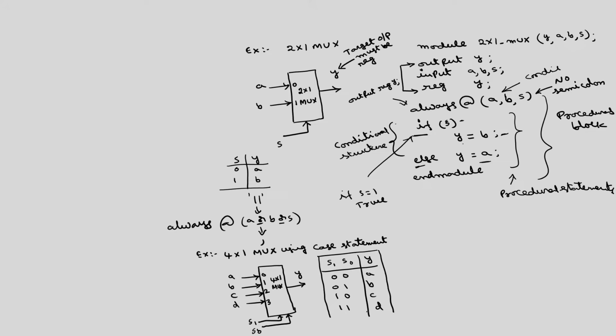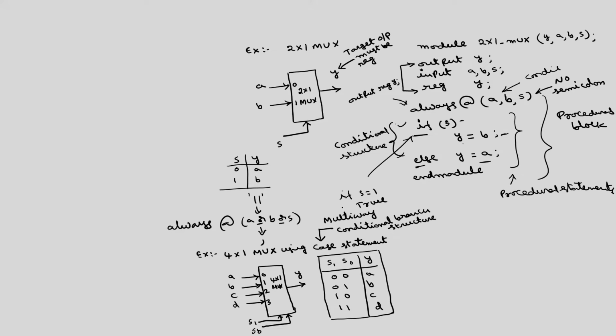Now, we are going to write this Verilog code using the case statement. This case will act as a multi-way conditional branch structure. If else is single way.